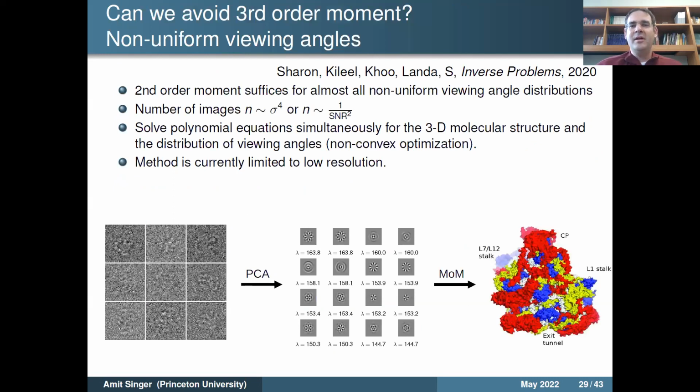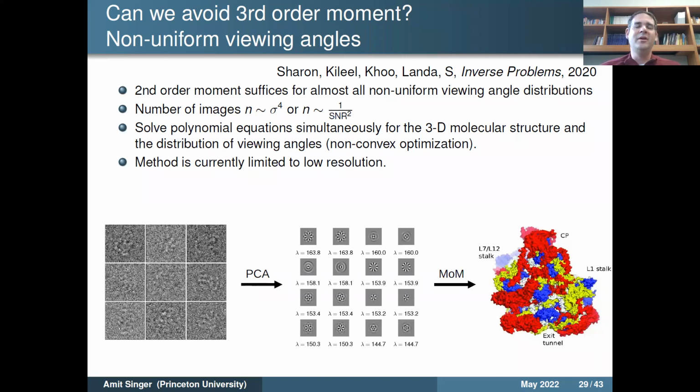There are at least two ways of avoiding third order moments and still working with second order moments. One is if, instead of a uniform distribution of viewing angles, we have a non-uniform distribution of viewing angles. And that's actually the more practical case, because in practice, molecules usually have some bias in the distribution of rotations.